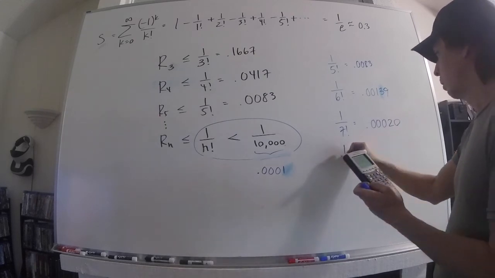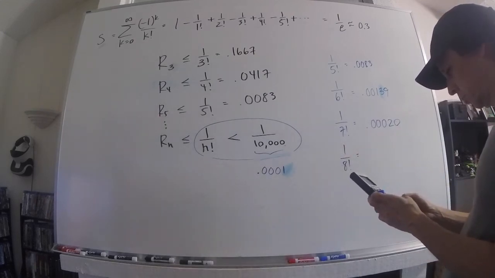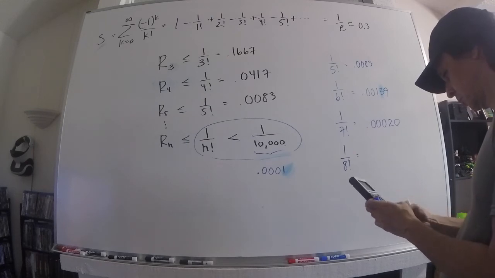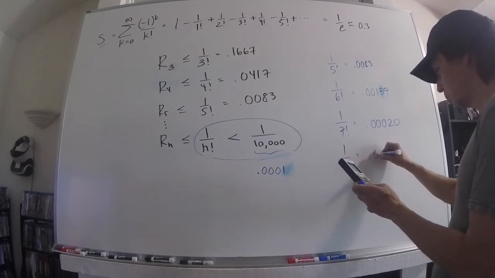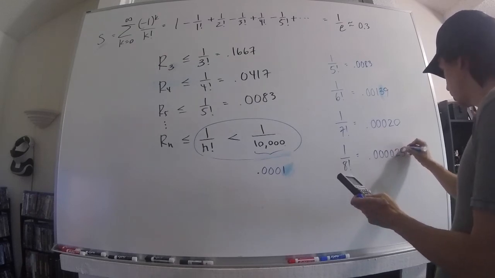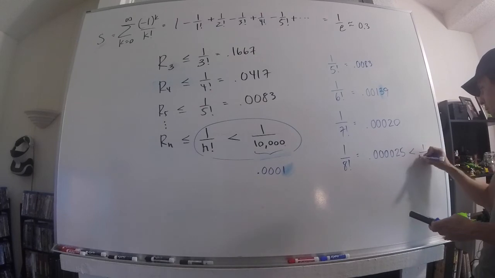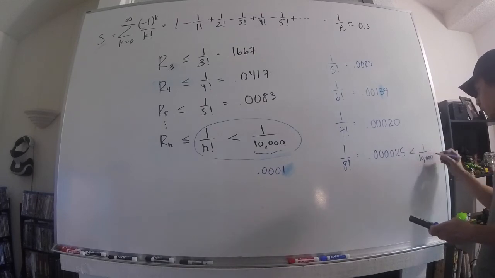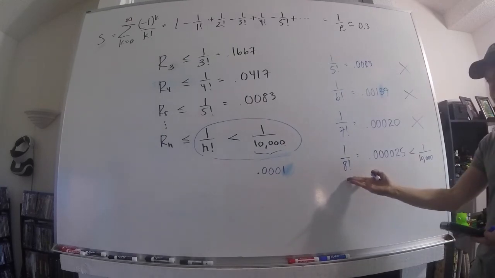Nope. One more. Okay, this one is 0.000025, let's say. Bam! That's the one that's less than 1/10,000th. The others are not. Nope, nope, nope. So I need at least eight terms.